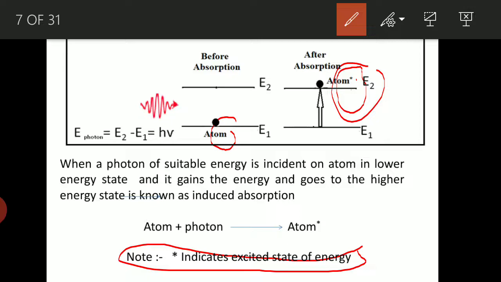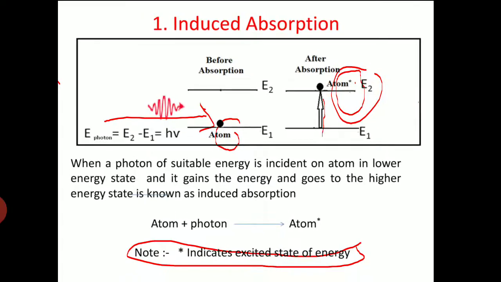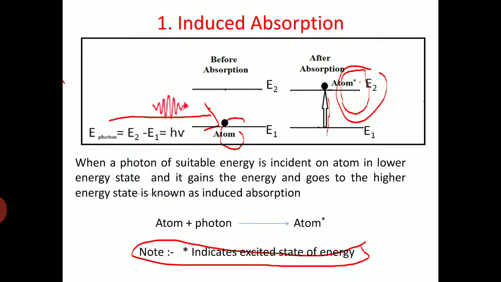So in simple words, when a photon of appropriate energy is incident on an atom in the ground state, it gains the energy and goes to the higher energy state. This simple process we are going to call induced absorption, and it's a natural phenomenon which takes place all the time. So how exactly are we going to define it? When a photon of suitable energy is incident on an atom in the lower energy state, it gains the energy and goes to the higher energy state.